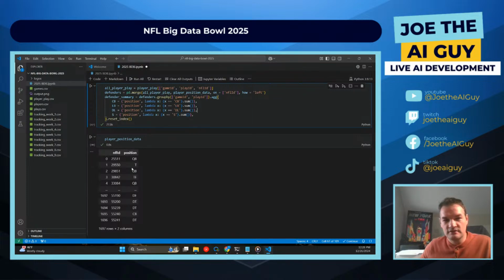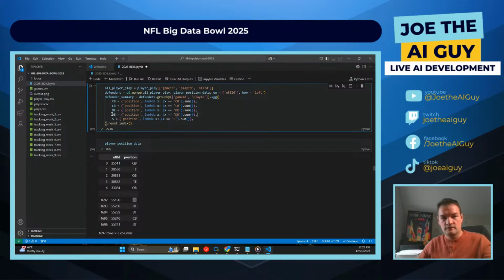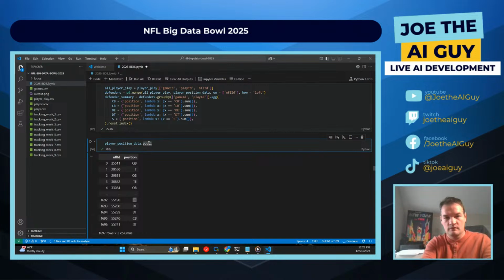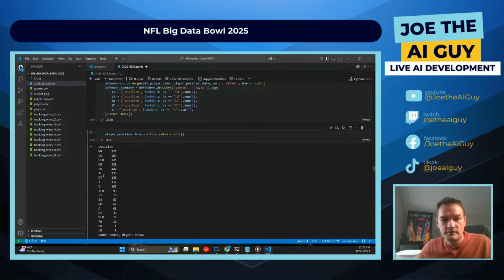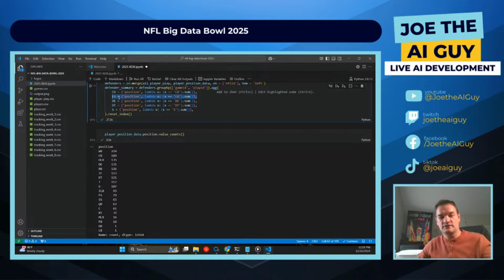There are CBs, but it looks like there are things like defensive ends and defensive tackles in the data set. And the linebackers, you have inside and outside linebackers.